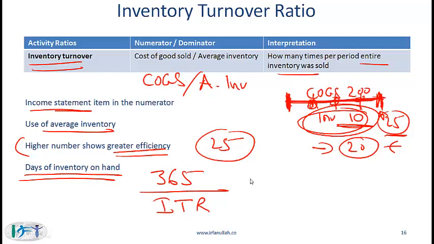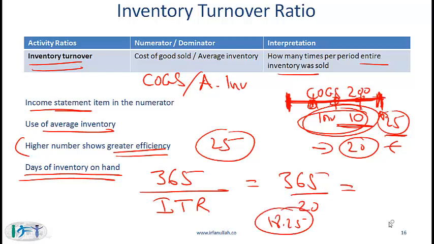In our simple example, if we have 365 divided by 20, then the days of inventory on hand is 18.25. This is a measure of, on average, how many days of inventory we maintain. Obviously, if the activity ratio is higher, then that means that on average we maintain a lower amount of inventory.